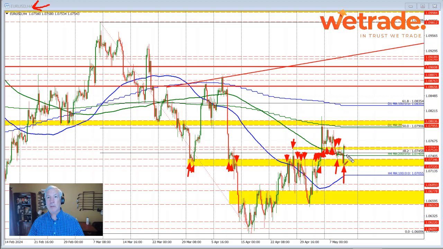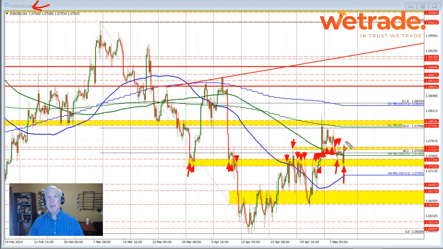Also in play is a 38.2 and the 200 bar moving average. So if we were to look at this support area and this resistance area, and in between the 38.2 and the 200 bar moving average, the bias is tilted a little bit more to the upside here because we're above these two things and also above this swing area.